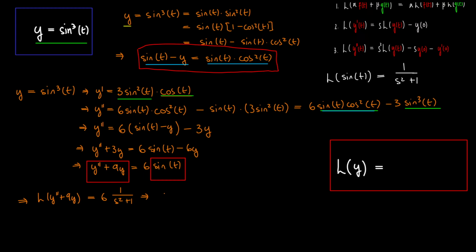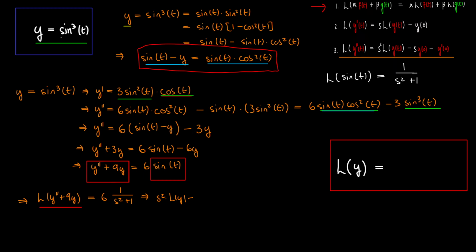And so here, if I take the Laplace transform of y double prime, what I'm going to do is just apply the linearity here to this expression. So I write down first the Laplace transform of y double prime. But let's immediately use our formula so that we don't waste any more time here. So using our formula, we get s squared times the Laplace transform of y minus s times y of 0.